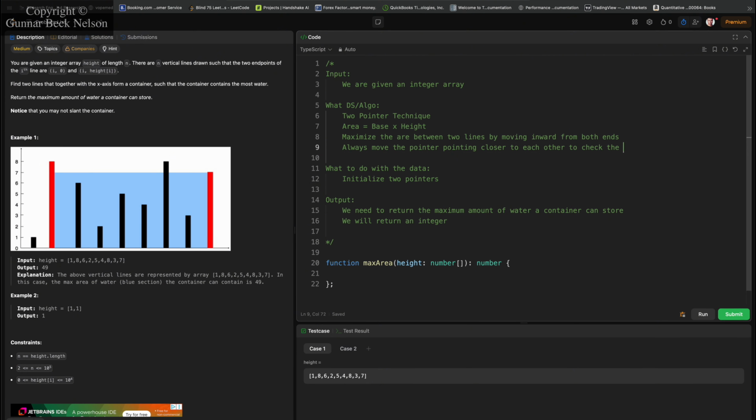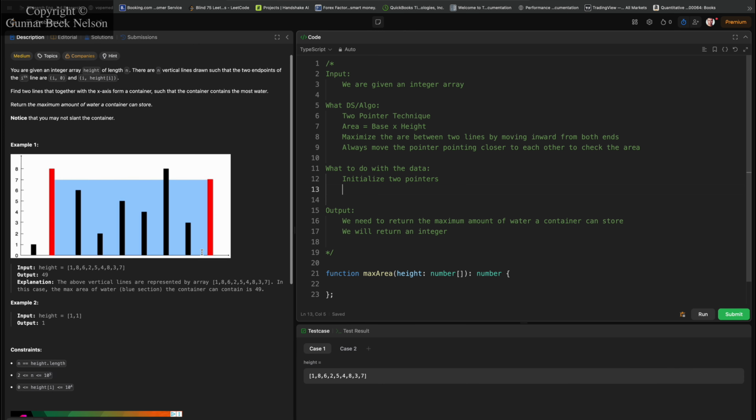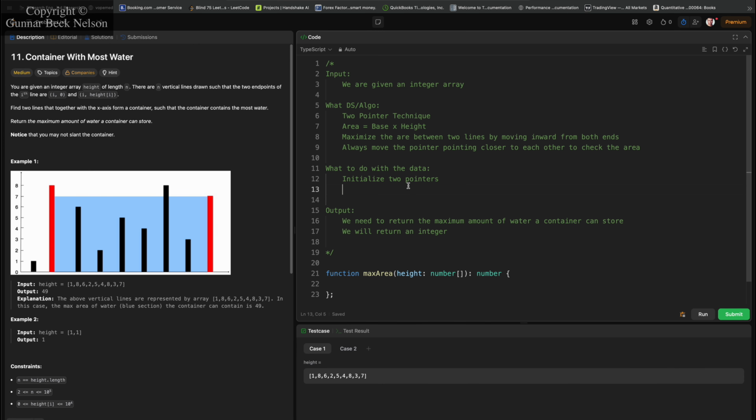To check the area, what we will do with the data is initialize the two pointers, and since we already know that within our given array, we will indicate while the left is less than the right. We're just talking about the position while we are moving one pointer toward the other, because we're just initializing their indexes.